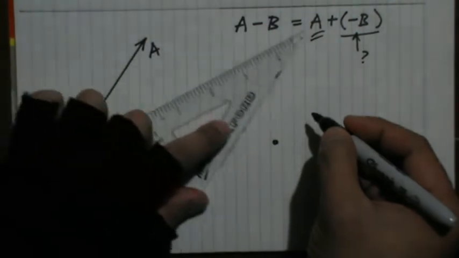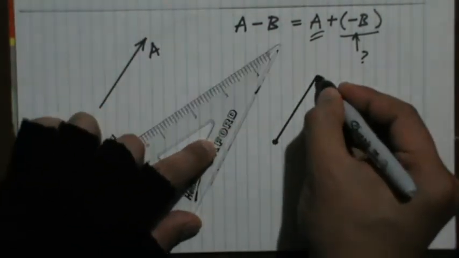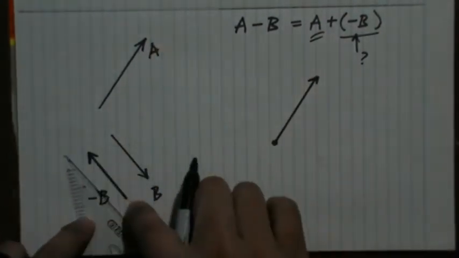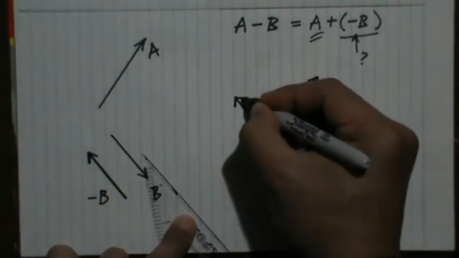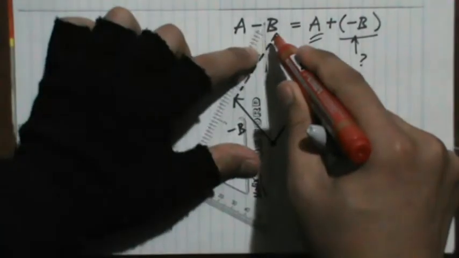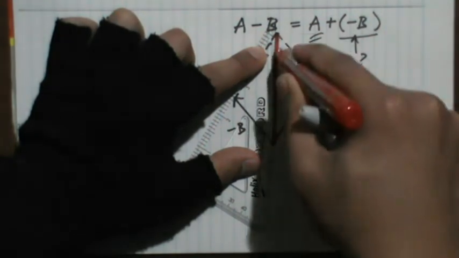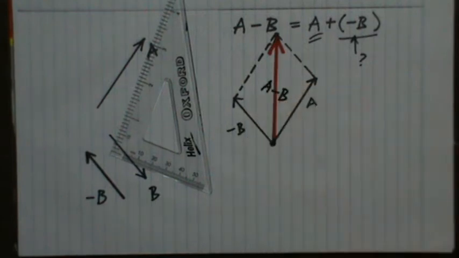So first we will move vector a, make sure that it's still parallel, and then vector minus b, and now we will make a parallelogram. So this is the a minus b vector.